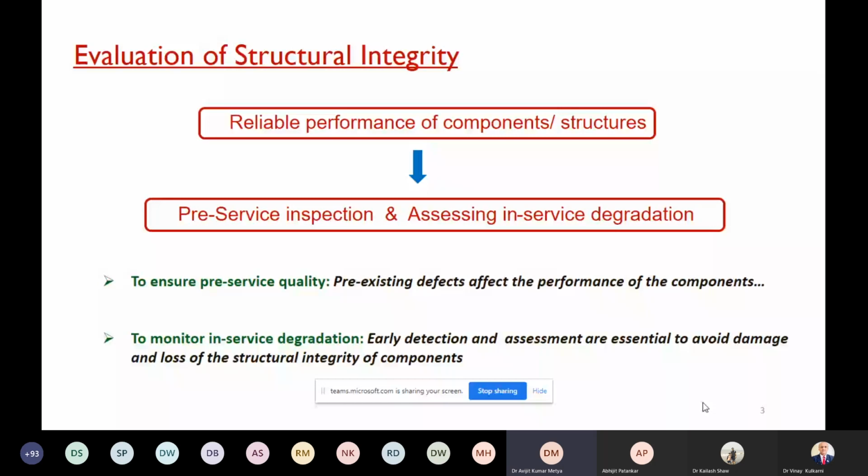So to ensure pre-service quality, we need to check for any pre-existing defects, which may affect the performance of the components. And once the component is in service, we always need to regularly assess the components to avoid any catastrophic damage and loss of the structural integrity of the components. That's why structural integrity is very important.